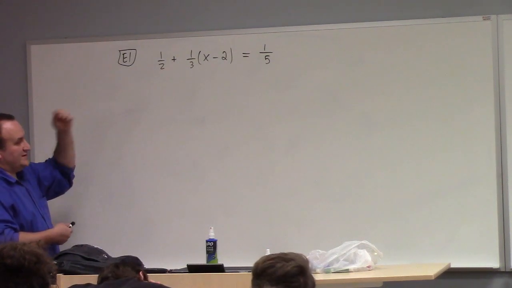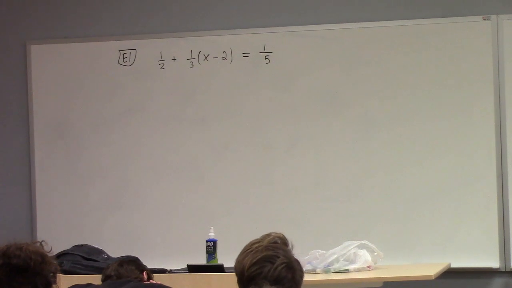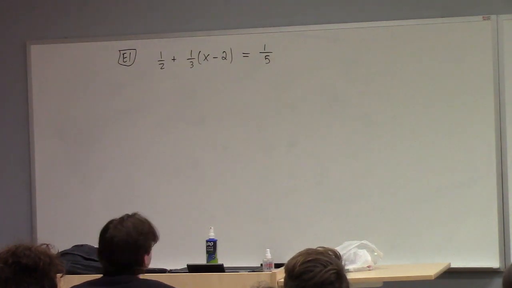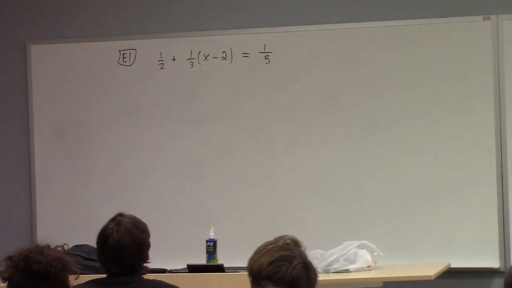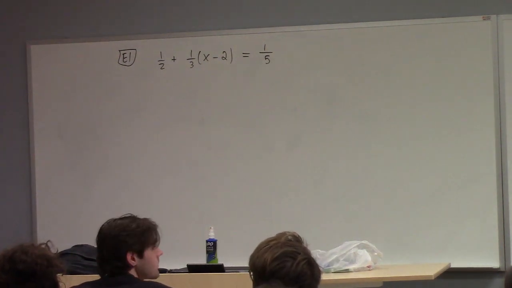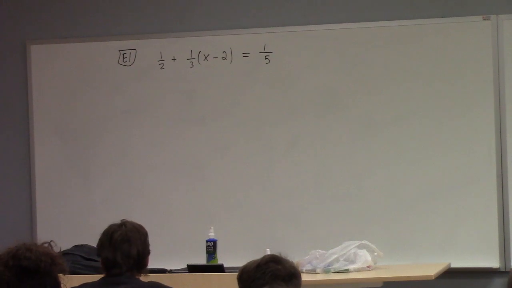Okay, so what should I do? Distribute the 1/3. We could do that. Find the common denominator of all the 1/2, 1/3, and then the 1/5. Convert to a common denominator.